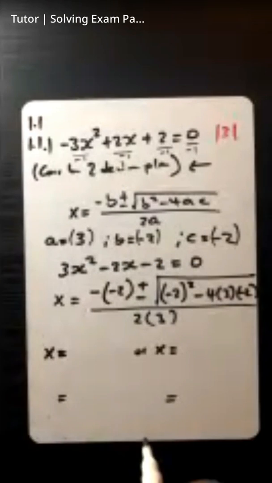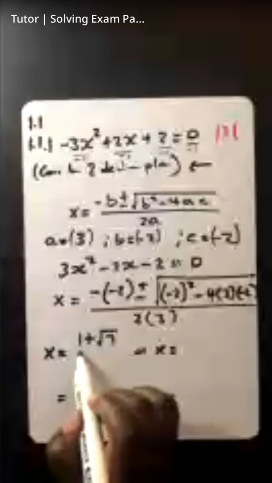Let me punch. Let's see. Do you know what I'm looking for? If you close minus 4, we enter that equal. Is this one who's getting 1 plus square root of 7 over 3?